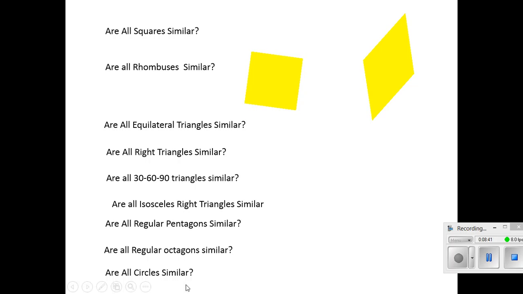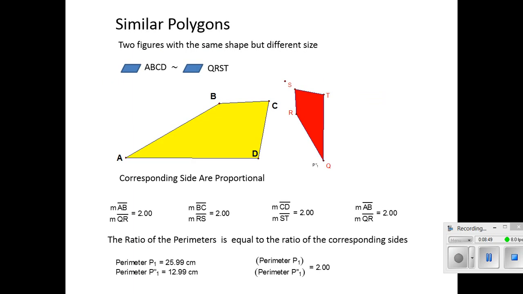All right, so that is the beginning of Chapter 8, where we're talking about similar polygons, and as we showed earlier, similar polygons have the same shape, but not necessarily the same size. The shape is dictated by the angles.